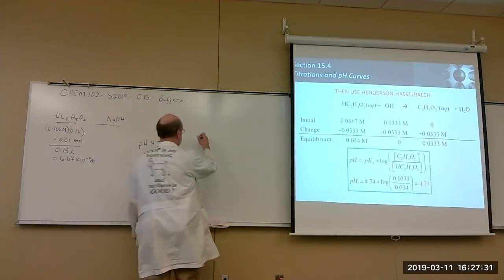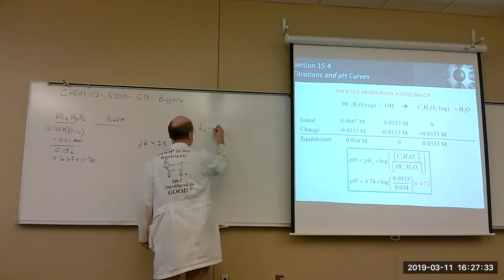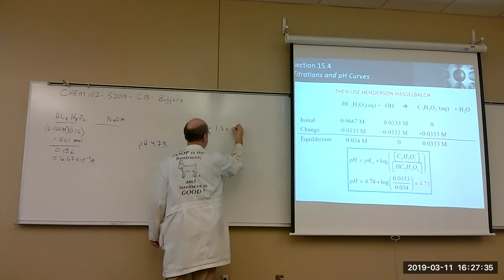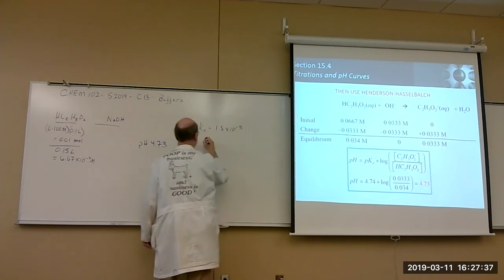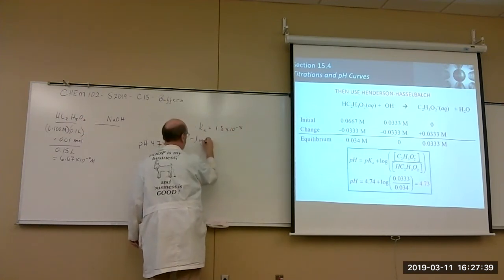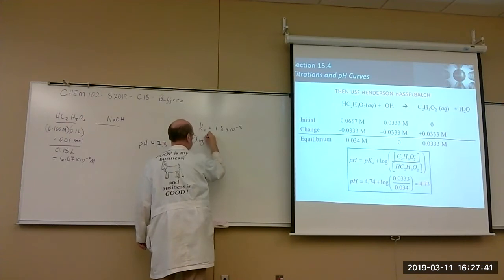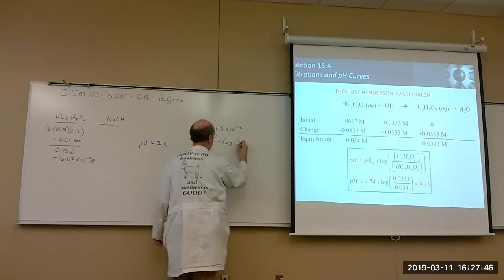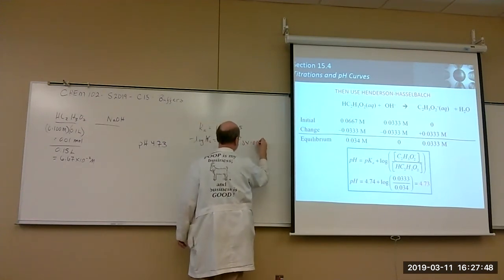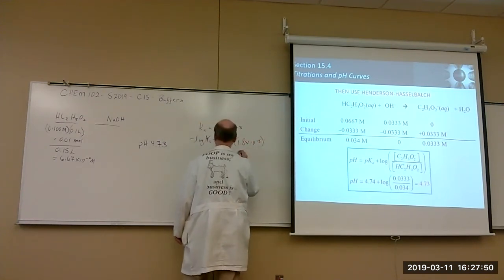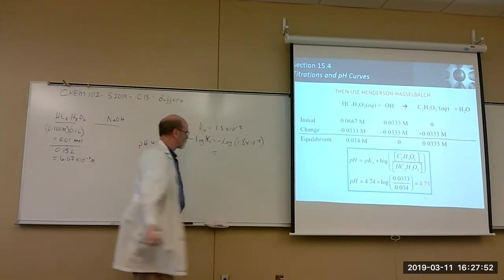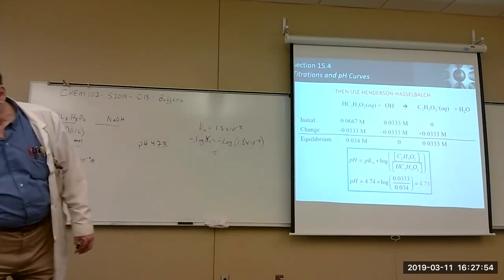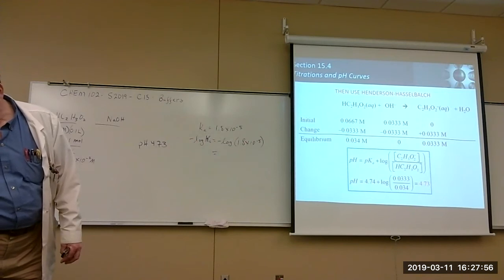Right? So the Ka is equal to 1.8 times 10 to the minus 5, and minus log of the Ka equals minus log of 1.8 times 10 to the minus 5.